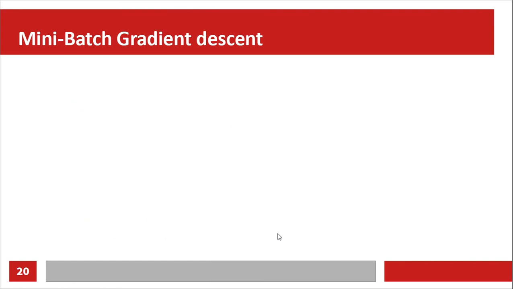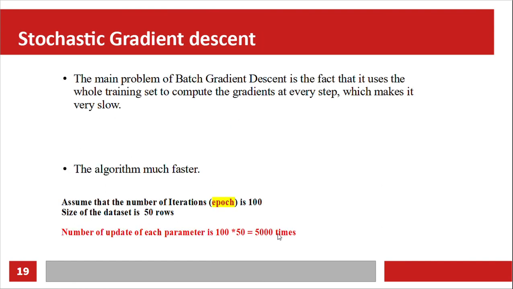But this is also the disadvantage of the first one, batch, where we have to wait until finishing all samples, and this one does it for all samples. It could be random or for the whole samples, it depends.